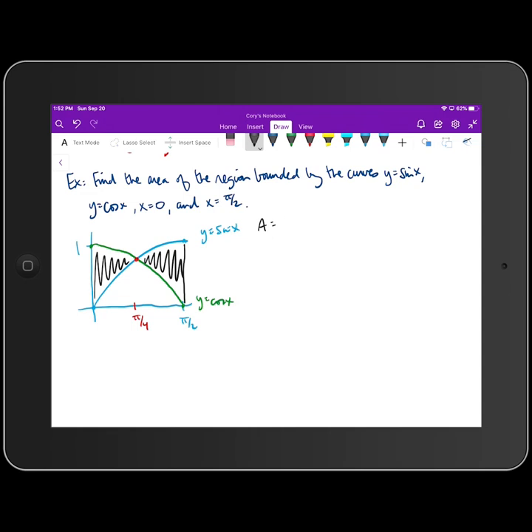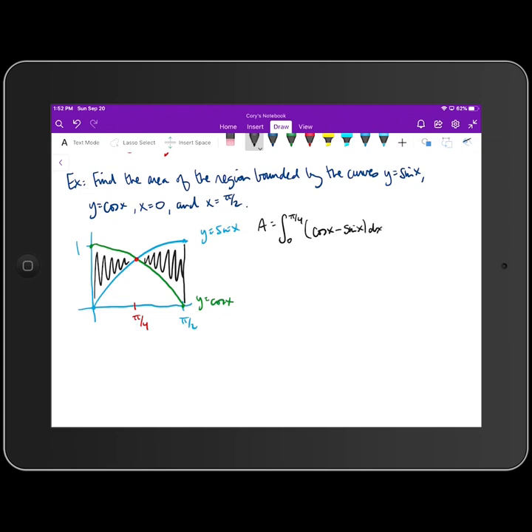Okay, so the first integral is going to be the integral from 0 to pi over 4. On that interval, the larger function, the function that bounds the area from above, is cosine, minus the smaller function, which bounds the area from below. That's going to be sine.